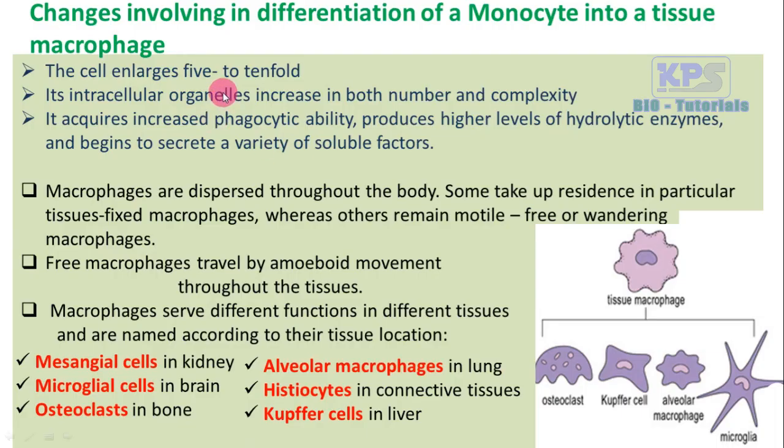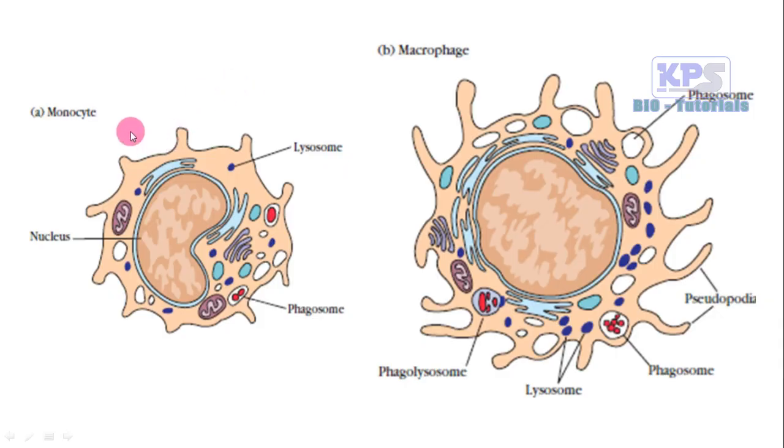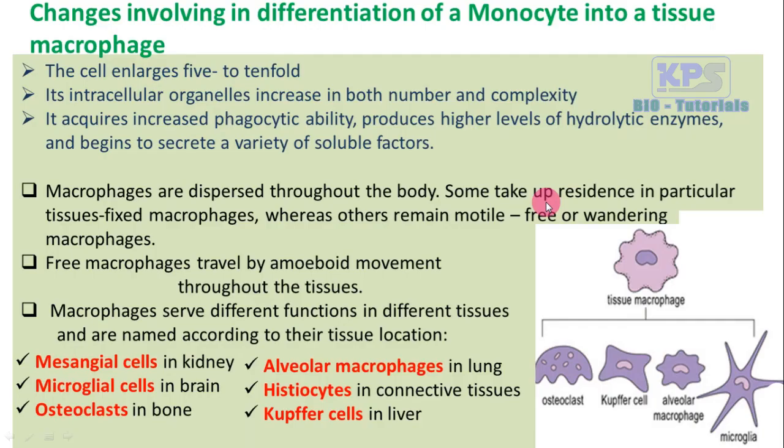Now let us examine what are the changes involved in differentiation of monocytes into a tissue macrophage. The cell enlarges 5 to 10 fold. The monocyte cells, as they enter the tissues, enlarge 5 to 10 fold. Here you can see a monocyte will be enlarged 5 to 10 fold to form a macrophage, and its intracellular organelles increase in both number and complexity.